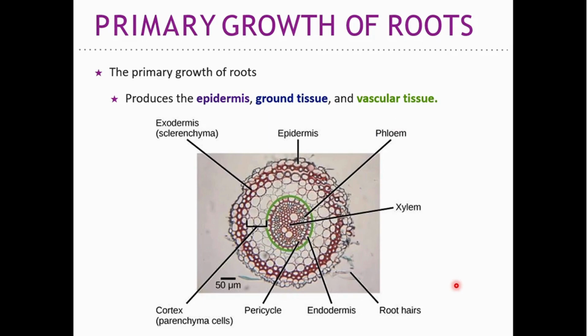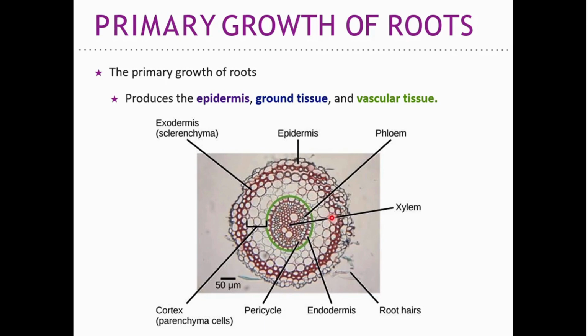So the primary growth of roots produces the epidermis, the ground tissue, and also the vascular tissue. Here is the microscopic image of the cross-section of roots showing the epidermis, and the outer structures are the root hairs, and this part is the cortex, and here is the exodermis.